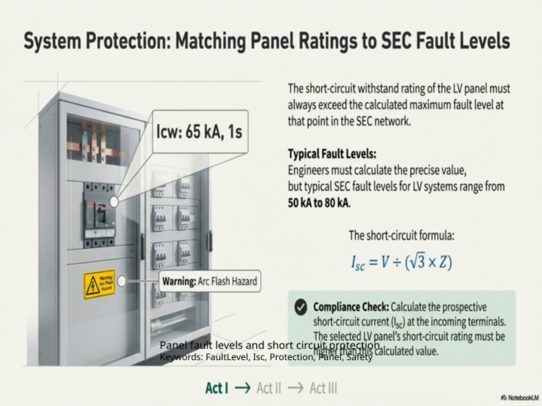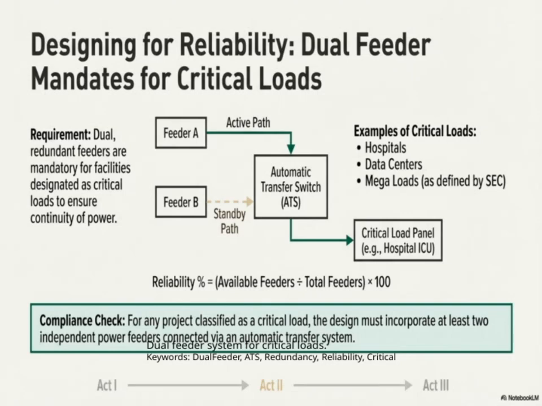Now, let's take a look at the dual feeder system for critical loads. This setup is designed to ensure maximum reliability by utilizing two separate power sources. The key component here is the automatic transfer switch, or ATS, which automatically switches between feeders if one fails or needs maintenance.